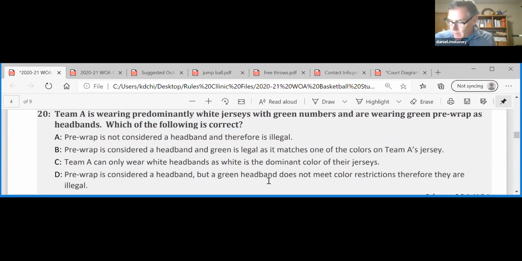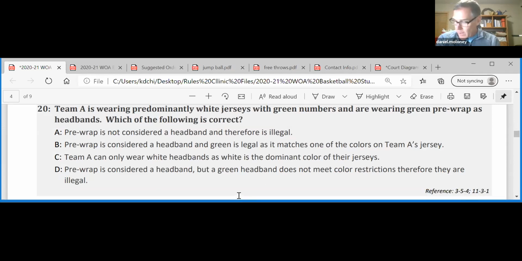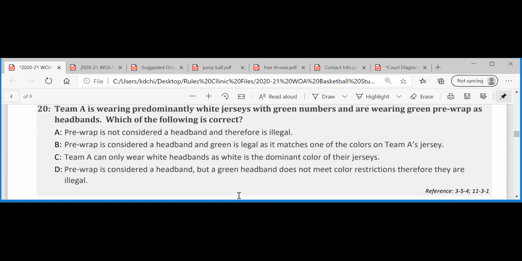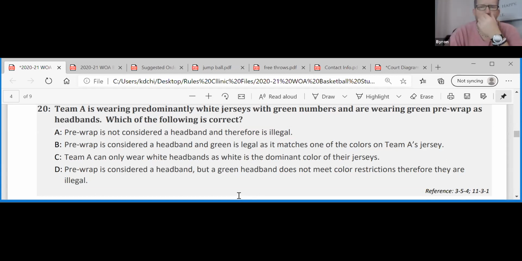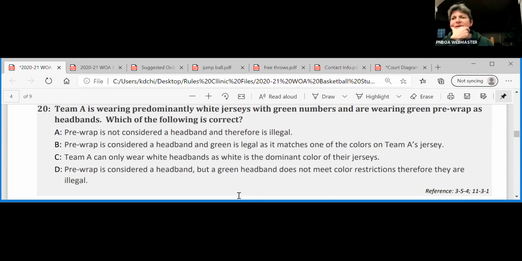Team A is wearing predominantly white jerseys with green numbers and are wearing green pre-wrap as headbands. Which of the following is correct? I'm going to say Team A can only wear white headbands as white is the dominant color of their jerseys. Partially right. A. I agree with A, because it's a pre-wrap, it's not a headband.